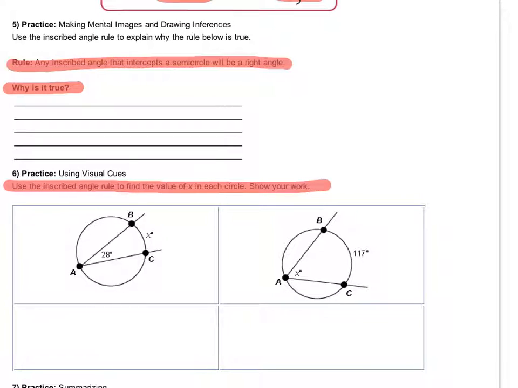So the rule: any inscribed angle that intercepts a semicircle will be a right angle. Why is it true? The reason is that a semicircle is 180 degrees, and a right angle is 90 degrees.